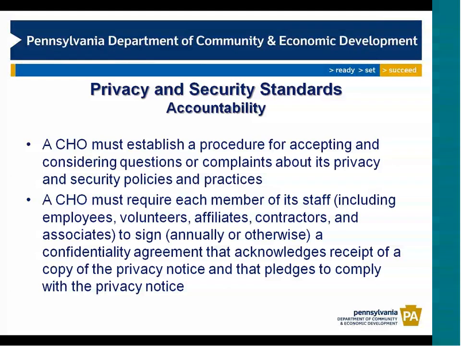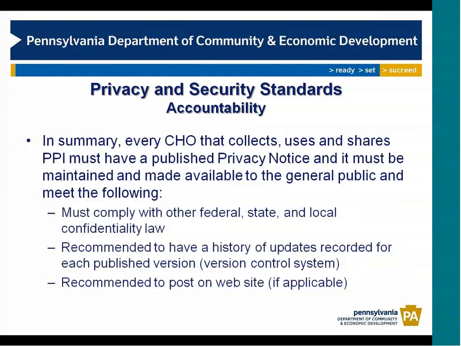CHOs can also designate what they call a chief privacy officer to supervise implementation and oversight of their privacy notice and their privacy standards. Basically, accountability is all about checks and balances and making sure that the privacy is taken seriously and always documented and it stays on course.